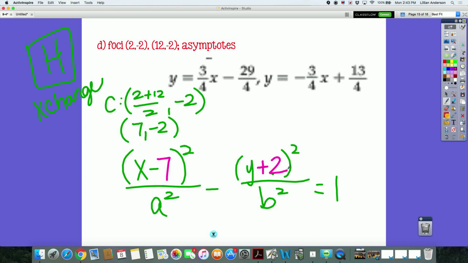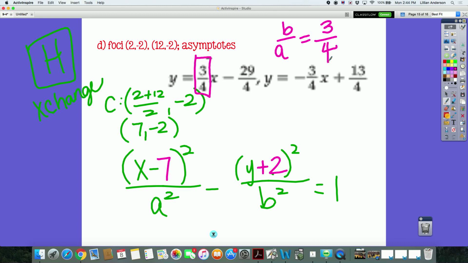Now to find a and b, we use the fact that we're given the asymptotes. Because it is horizontal, we know that the equation for your slope is b over a. So that means our slope needs to equal 3/4. Whatever the value of b is, whatever the value of a is, it should equal 3 over 4. Yes, it is just that simple.